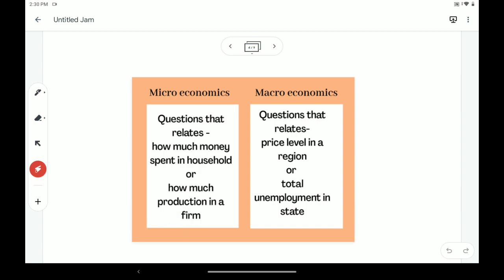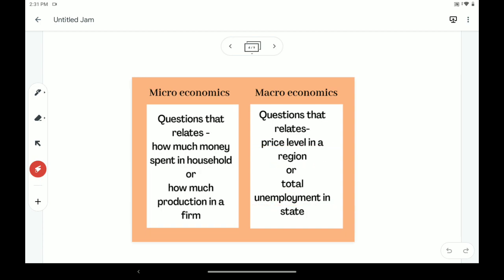Here we notice that I have only given the example of a single household or a firm. Whereas in macroeconomics, questions that relate to this are the price level in a region or total unemployment in a state. As we take aggregate units in macroeconomics, we can find the answers to these questions.